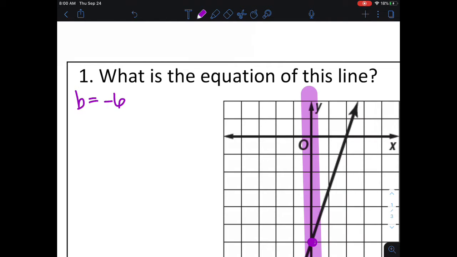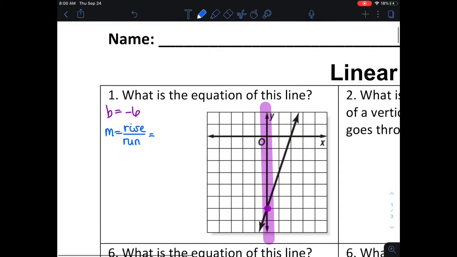All right, the next thing that we need to find is the slope. So slope, of course, is rise over run. And since we're using a graph, we're going to just use rise over run. We're not going to use the y1 and the y2 and all that stuff, because all we have to do is count. So I'm going to use the y-intercept, and I'm also going to use this second point right here.